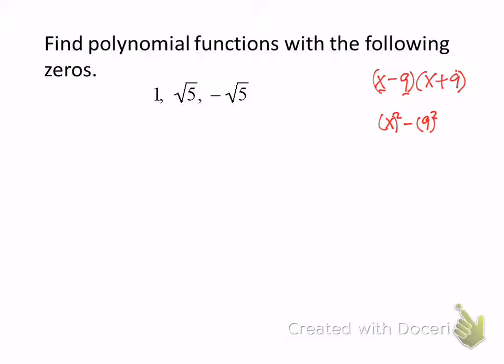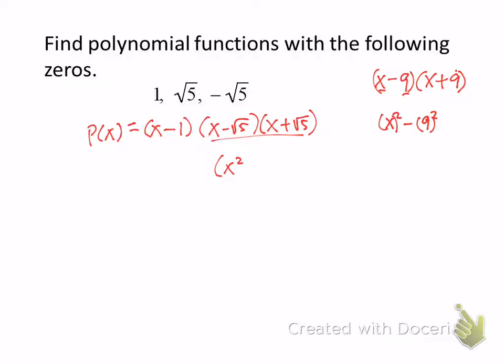Okay? So we're going to do the same thing over here. So we're going to go x minus 1 and x minus rad 5 and x plus rad 5. Well, that's a difference of squares, so that'll be x squared minus rad 5 squared, right?